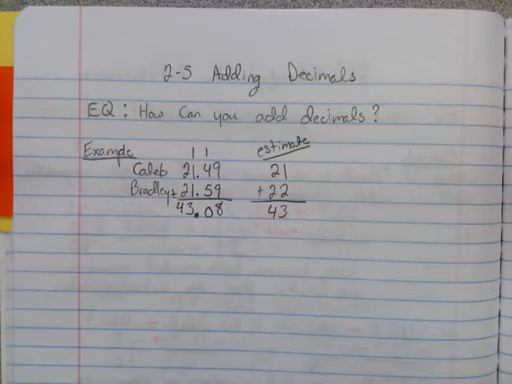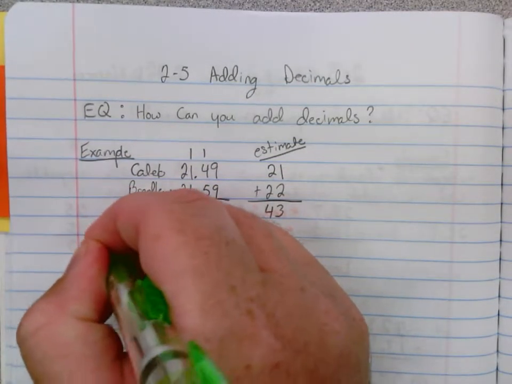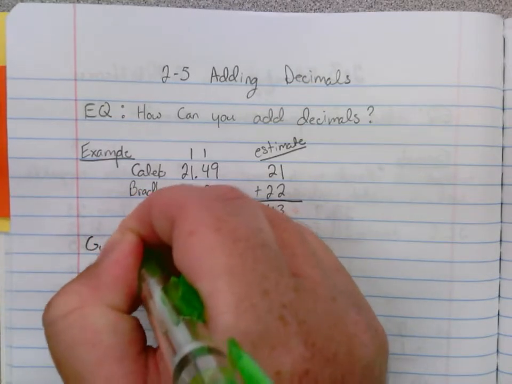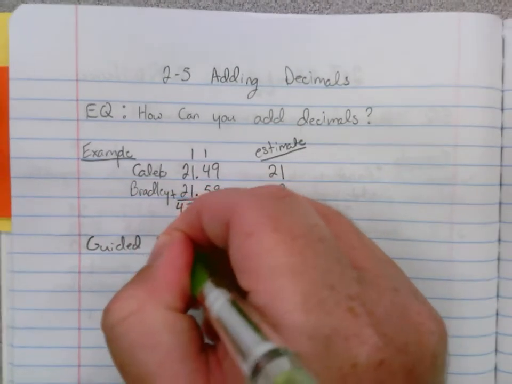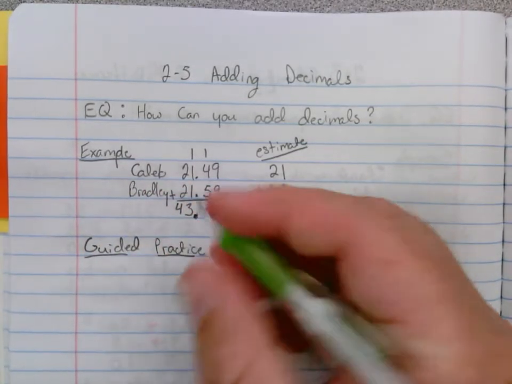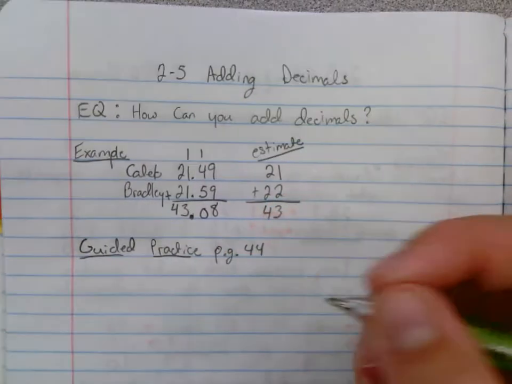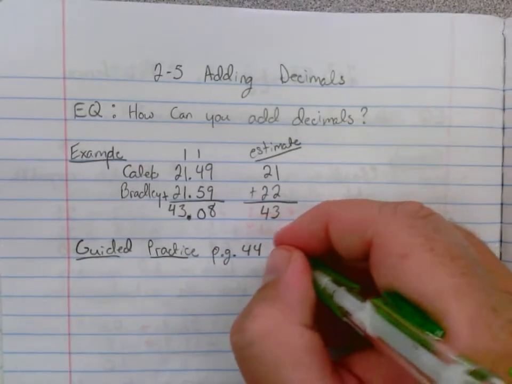Okay, so now I'm going to do number 1 and number 3 from guided practice. But I want to do this a little bit different today than we normally do in our videos. You guys will do 2 through 8 even.